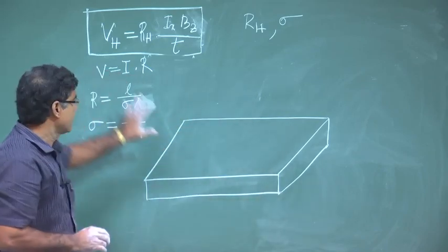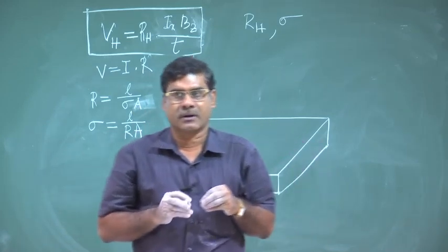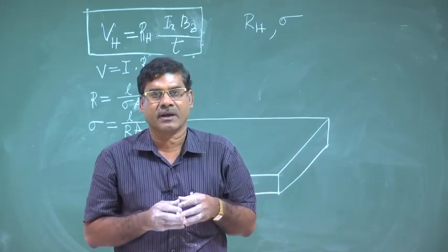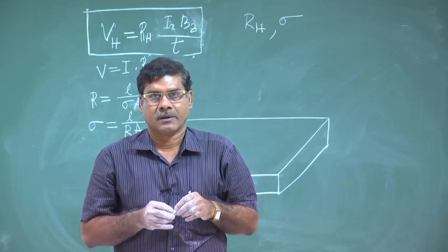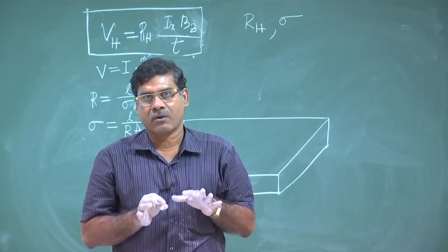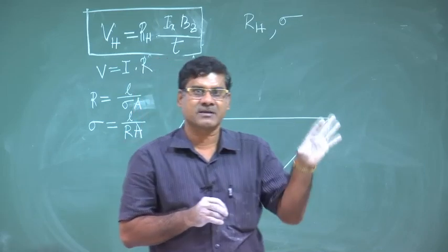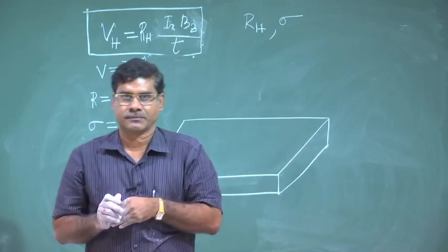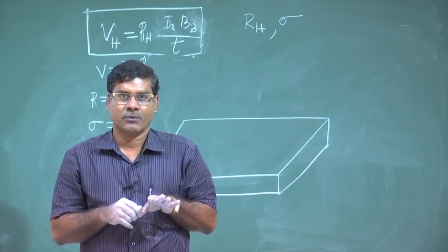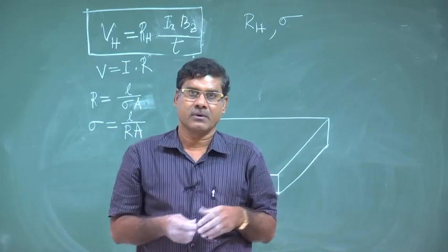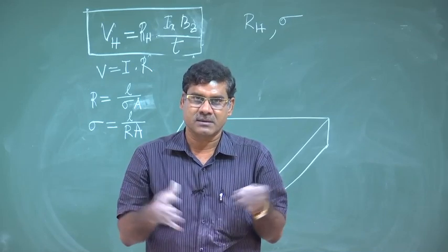Okay. So, here you see, generally in theory we derive in different ways in terms of different parameters. But for the experiment you always have to take that expression in a suitable form, so that you can set up the experiment with known or available components.